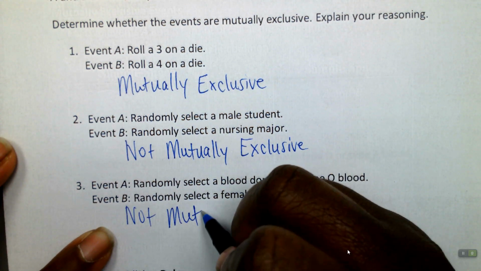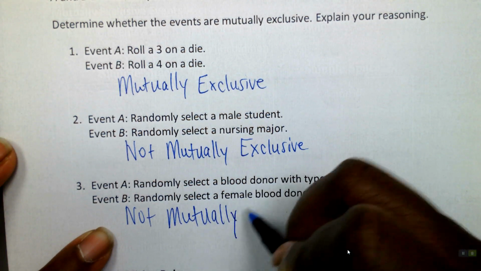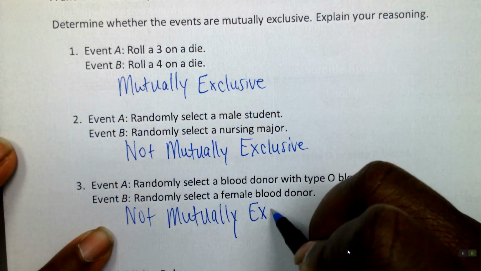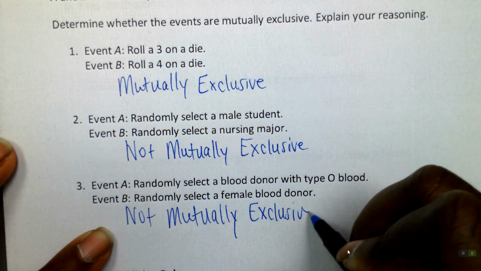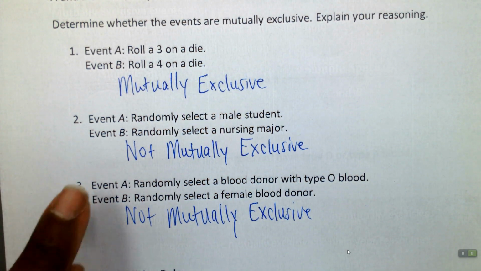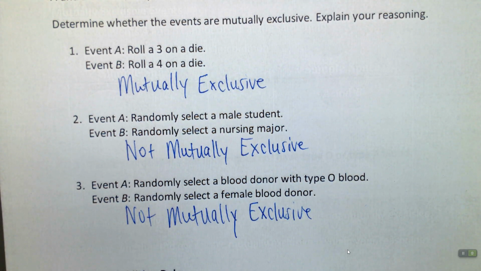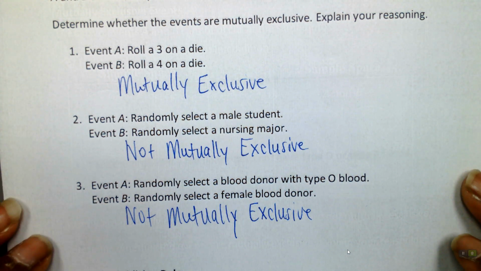So yes, both can happen at the same time, which means they're not mutually exclusive. I know it's going to take some time to wrap your head around, but we got this.